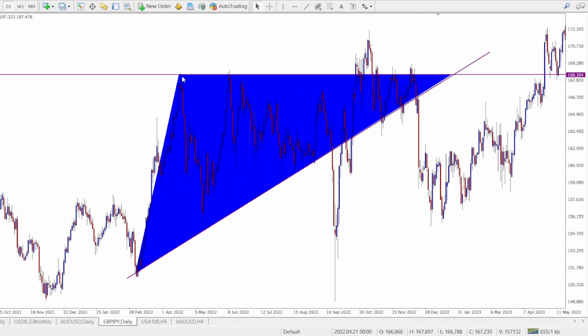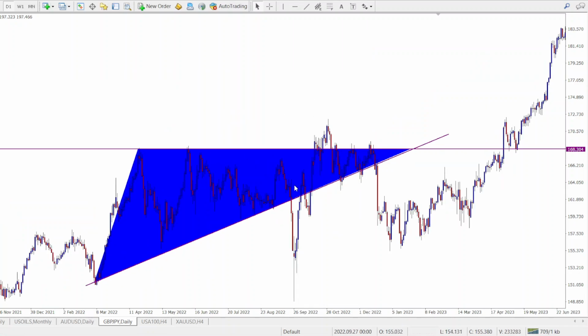So this is a level of resistance and we can see the price making higher lows. That's why we call it an ascending triangle, because the higher lows are ascending, whereas the horizontal resistance remains stable. So this is an example of an ascending triangle pattern, and it typically suggests a bullish outlook, signaling that buyers are gaining strength.